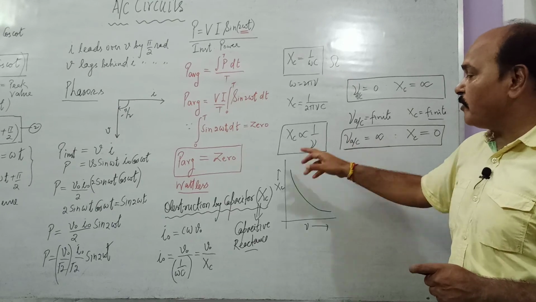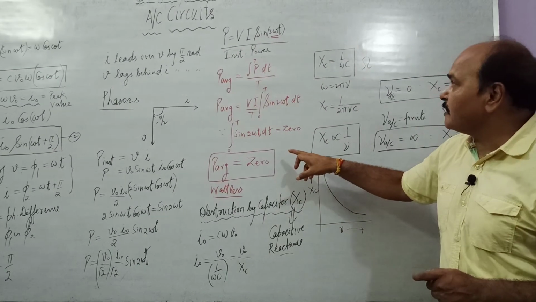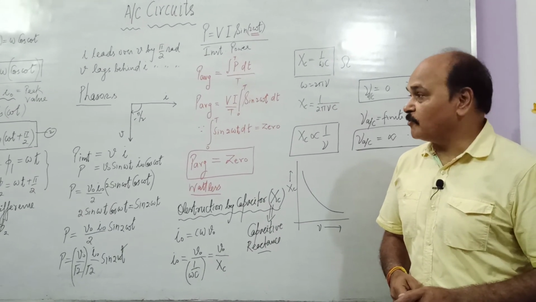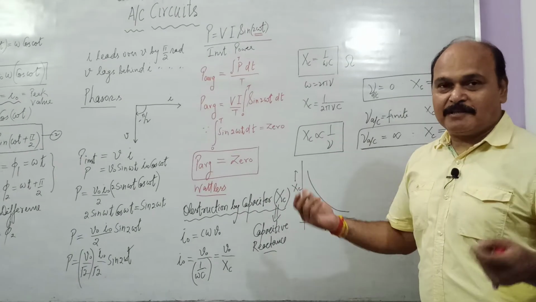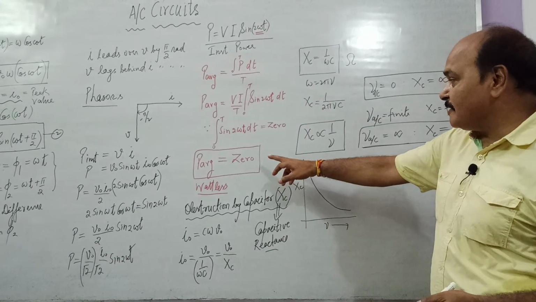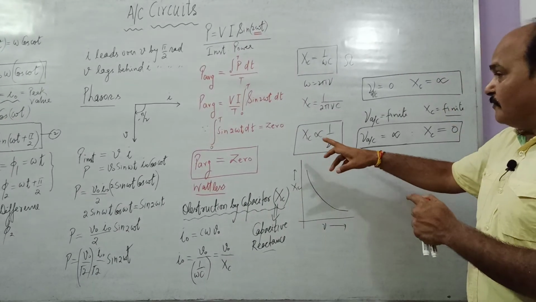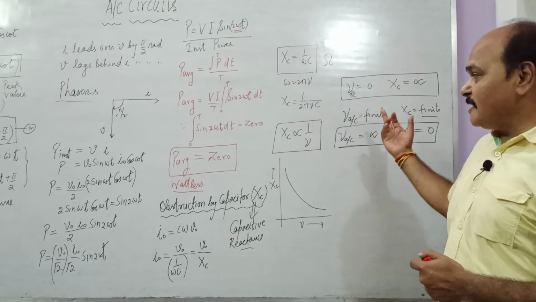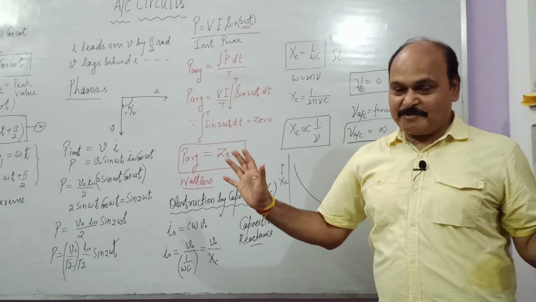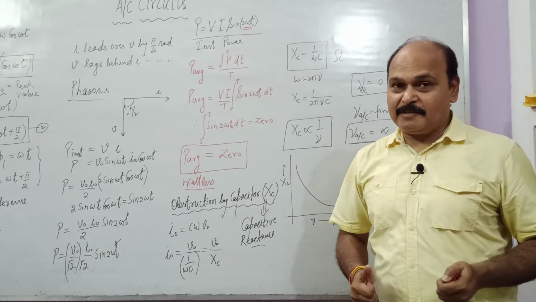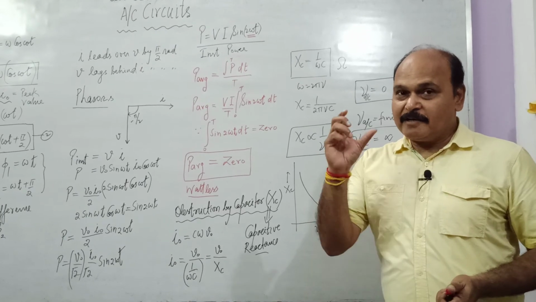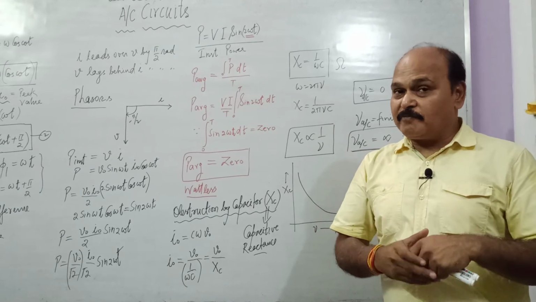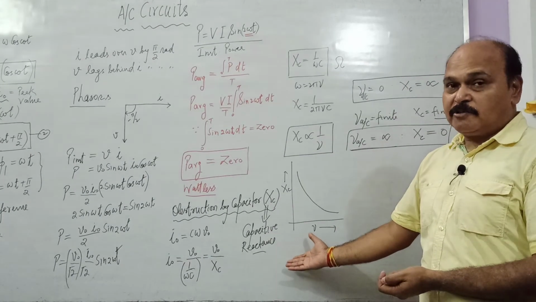And what is more important is the fact that average value of power consumed across capacitor is zero. What is revolutionary about this result is that we can regulate alternating current using capacitor, but at the same time there is no power consumption. If we want to halve the current, we have to double the obstruction, capacitive reactance.